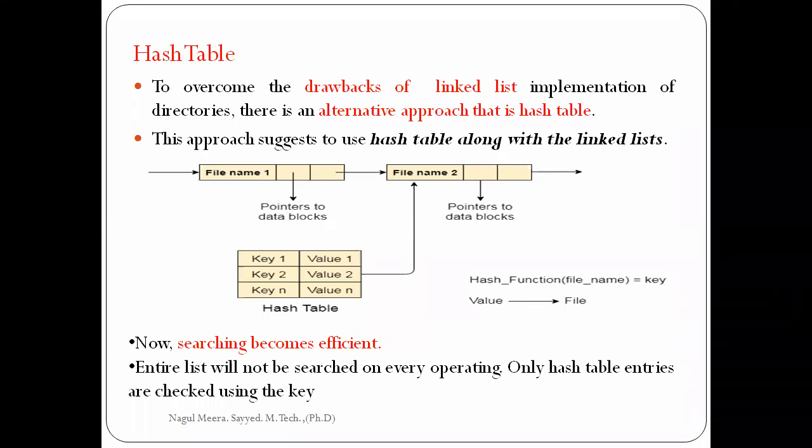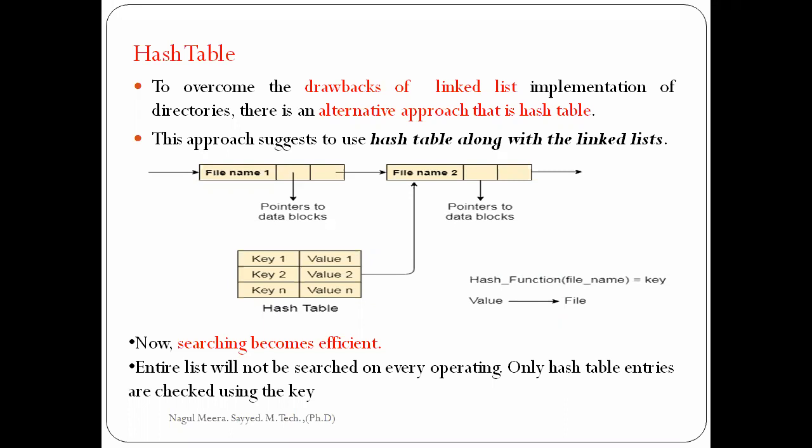First one is if we want to search, delete, or update any particular file, that is very difficult when our directory consists of more number of files. Here another drawback is there.